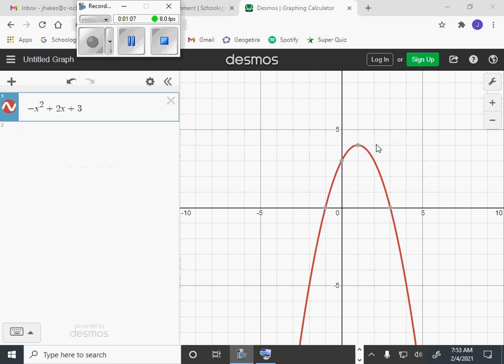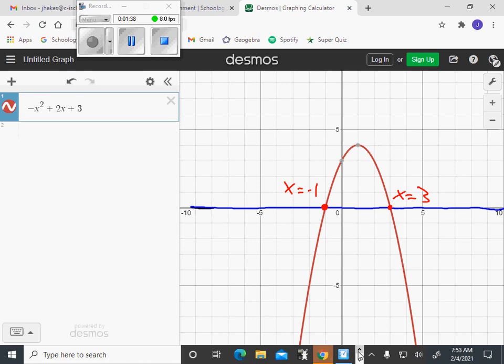It's this red graph. And what do you mean we're solving it, Mr. Higgs? Well, all we're doing is we're looking where it crosses this x-axis. We'll do it in blue here. Where does it cross this x-axis? It crosses it right here when x is equal to -1, and here when x is equal to 3.